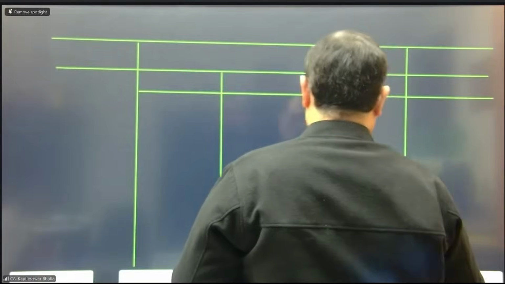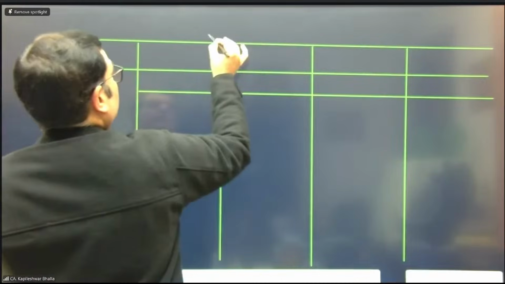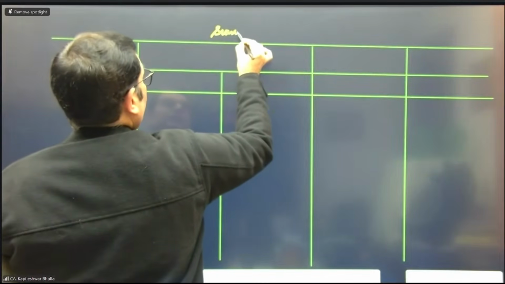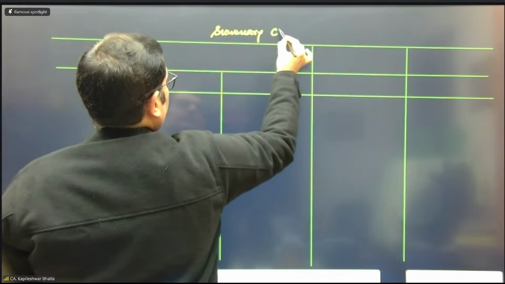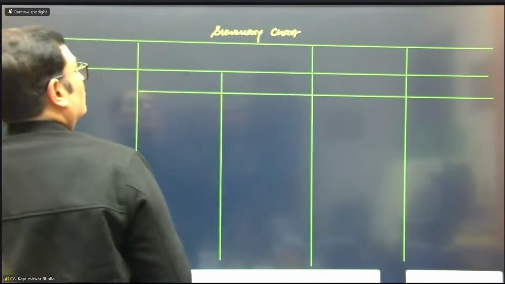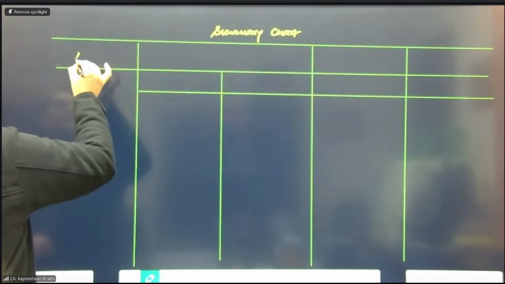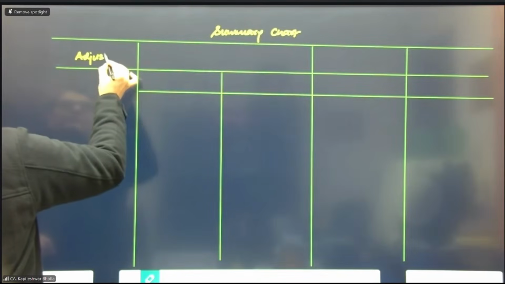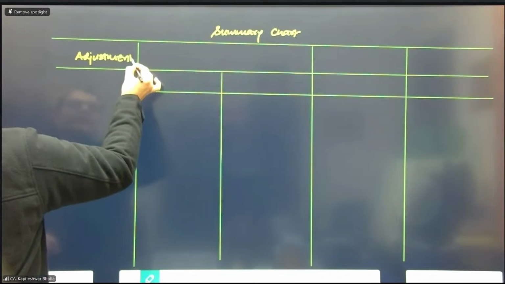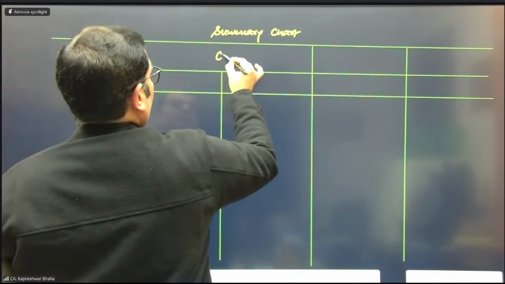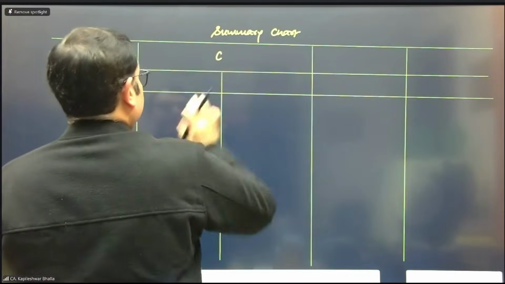So I'm looking at all the permutations combination. This is a summary chart which is going to give you all the adjustments, and we're looking at the adjustments from the point of view of subsidiary and associate.